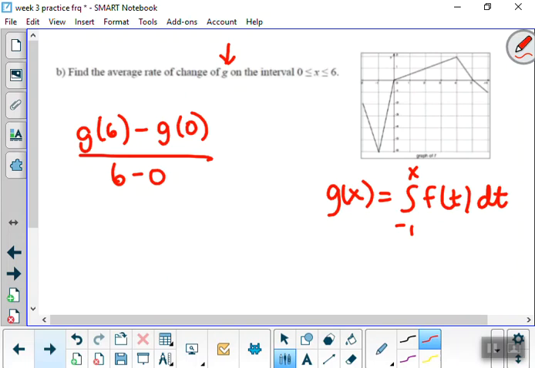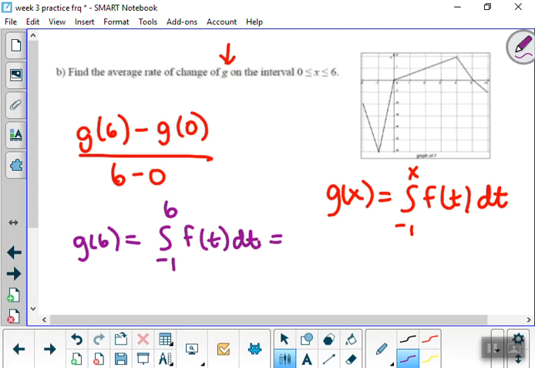So this is essentially another area question, because g of 6 is going to be the integral from -1 to 6 of f of t dt, which will be all that area, this area, 1, 2, 3, 4, 5, and that all together.